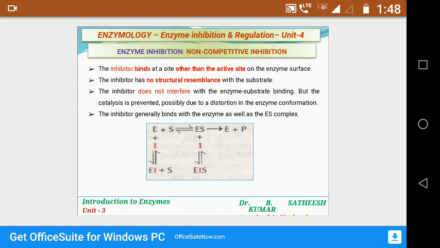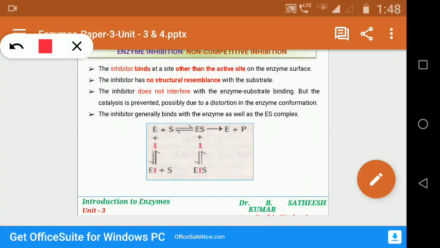Here in this reaction expression we can see the enzyme interacting with substrate to form the ES complex, and then E plus P. Now the inhibitor can directly bind to the free enzyme, or it can bind to the ES complex, because the place of binding of the inhibitor is different from the active site.